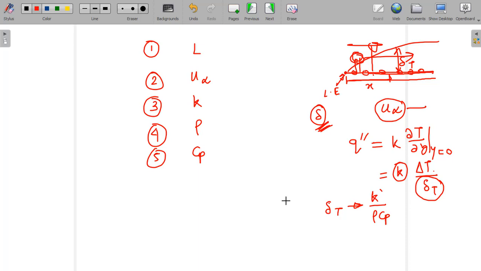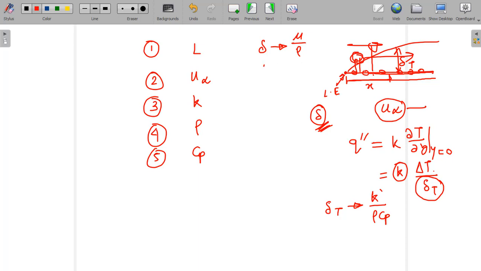We have already seen that delta depends on the momentum diffusion, and the inertia of the velocity. It depends on this particular ratio.